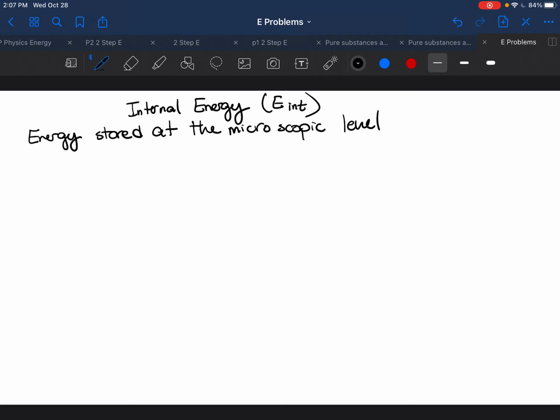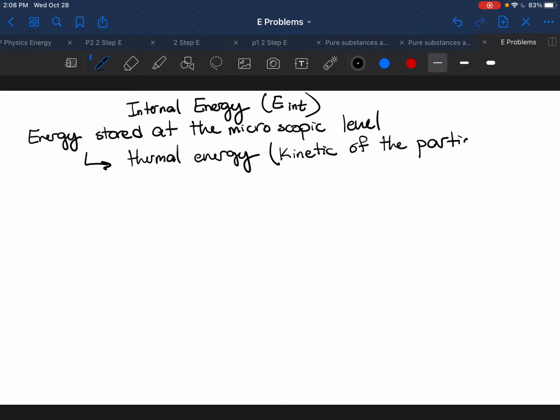Energy stored at the microscopic level is something that you would have seen in AP Chem or Honors Chem in the previous year. What it is, actually, is thermal energy, which is just the kinetic energy of the particles. Typically, energy that is reduced due to friction ends up as thermal energy.